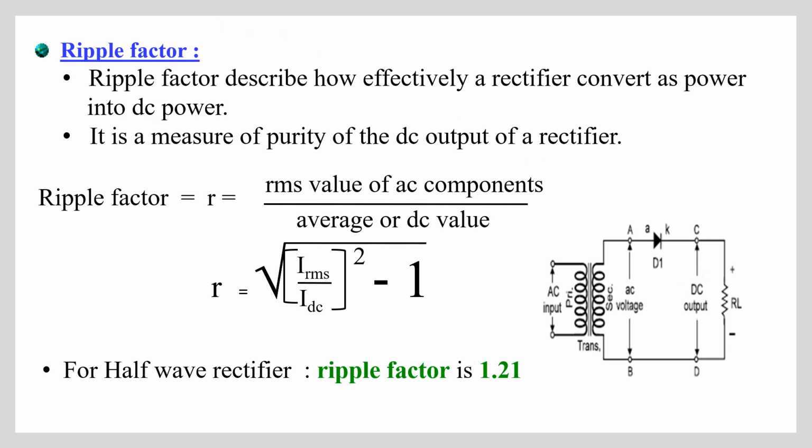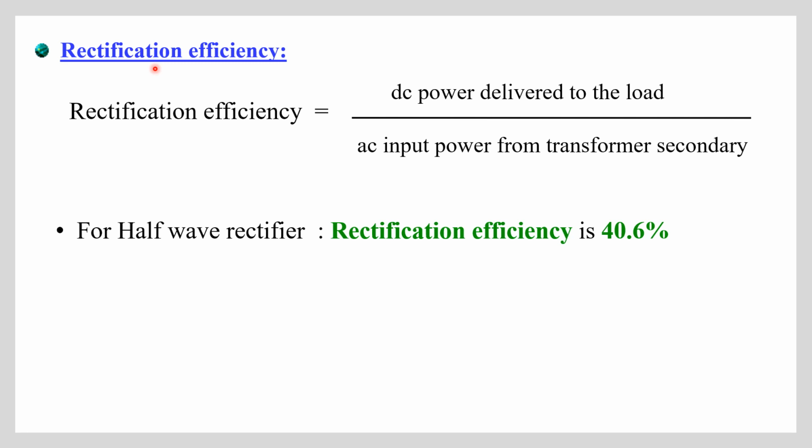Okay. And the next parameter which is used for this rectifier is the efficiency. So this parameter defines how efficiently the AC input power is converted into DC output power. So efficiency is defined as the ratio of DC power delivered to the load to the AC input power from the transformer secondary.